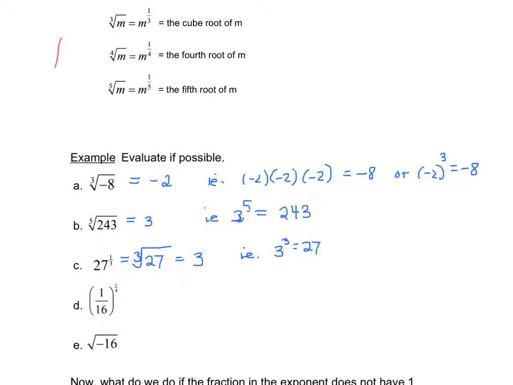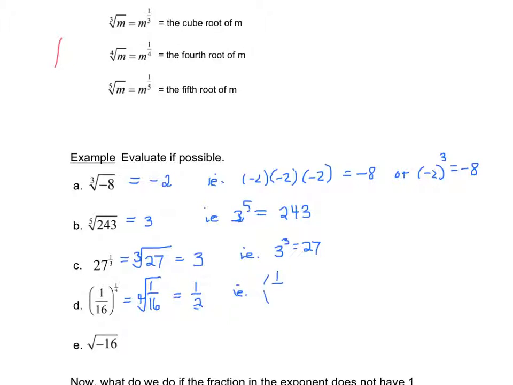When the base is a fraction, same thing. So 1 over 16 to the exponent 1/4 would be the same as finding the 4th root of 1 over 16, which is 1/2, because 1/2 to the exponent 4, not having a lot of luck with the pen today, I'm trying to write 1/2 to the exponent 4 equals 1 over 16.